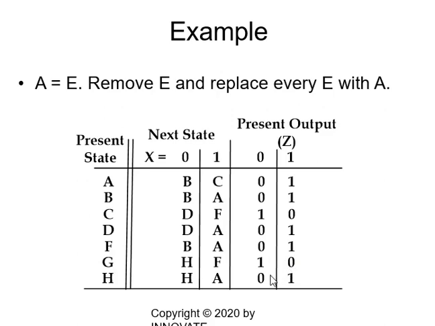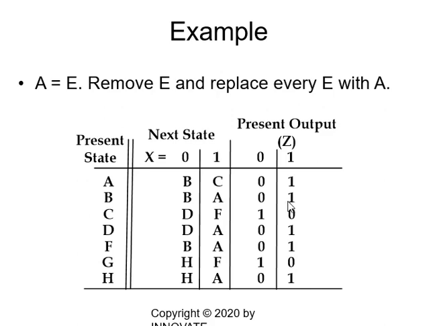So if we concentrate on state B, the next state I have for state B is B when x is 0, meaning I will remain at the same state when x is 0, and when x is 1 I will go to A, and the output will be 0 and 1.